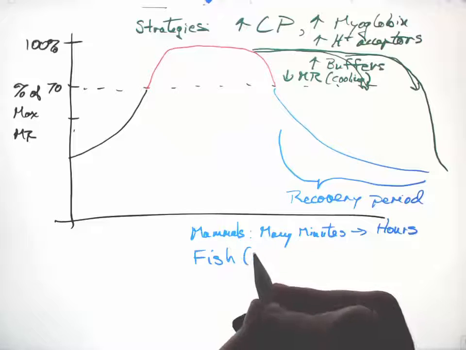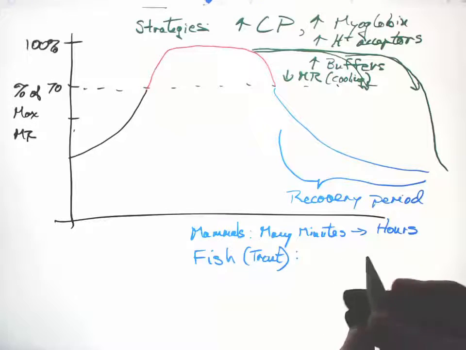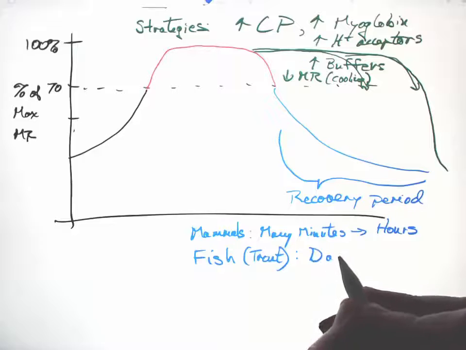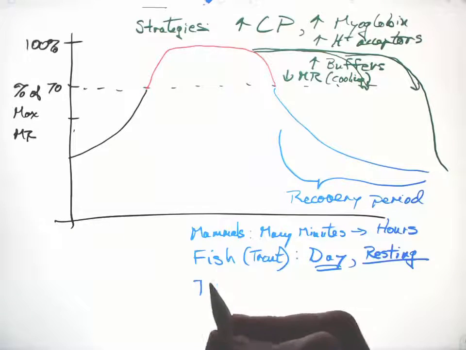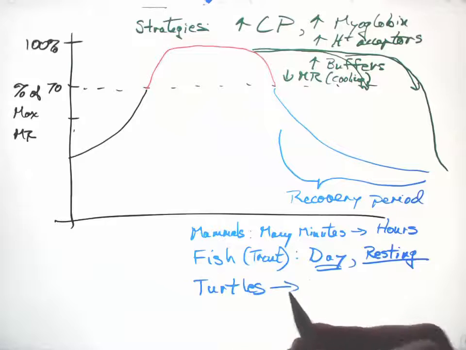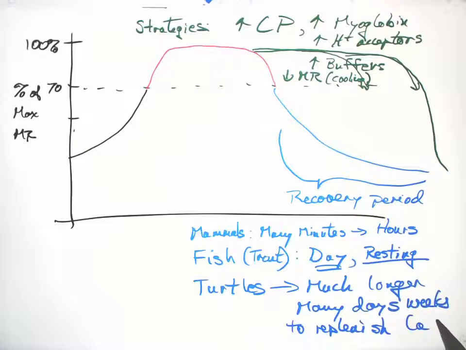In fish, for example, a trout that has been caught and then released by a fisherman, it can be a day, and during much of that time, they may have to be resting, unable to do any vigorous exercise or swim hard. Turtles, after hibernation, can require much longer, many days or weeks, to replace calcium phosphate.